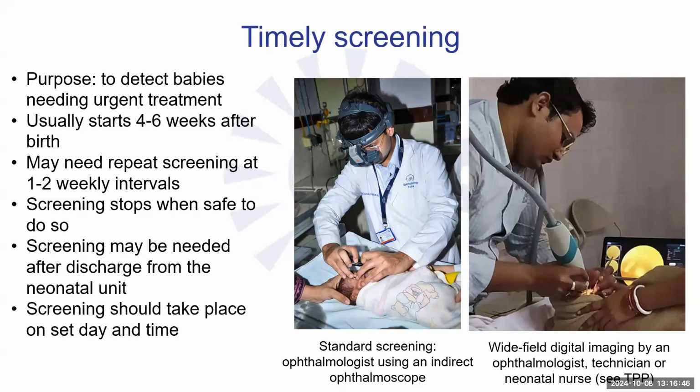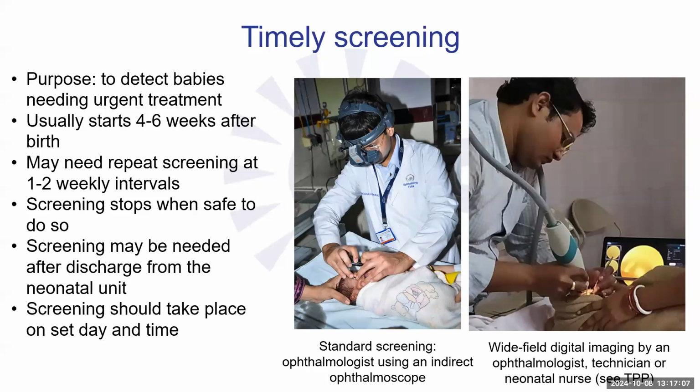There are two broad ways that screening can be done. On the left, you see an ophthalmologist using an indirect ophthalmoscope, so that's a light source on their head, and then they're holding a lens in front of the eye, which focuses the light on the retina. And that gives you a very nice aerial view.